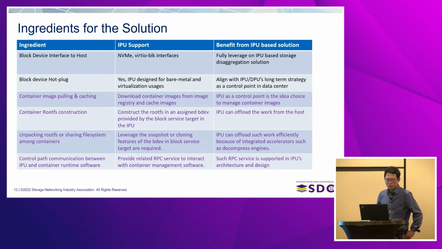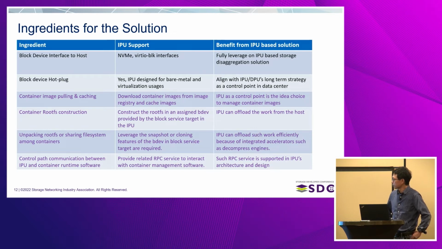And as part of this unpack operation, there are some features from IPU can be fully leveraged. For example, typically for a block device interface, it may support the clone snapshot feature, right? Which can be useful if you find that one root file system can be reused by many containers.